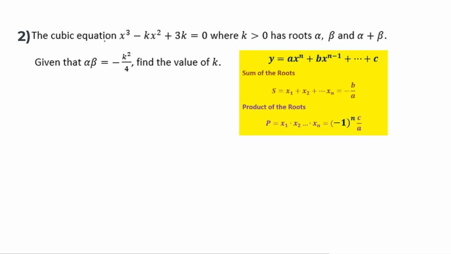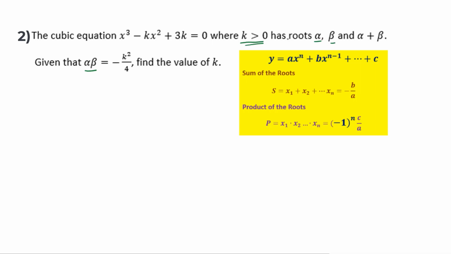The cubic equation x to the third power minus kx squared plus 3k equals 0, where k is greater than 0, has roots alpha, beta, and alpha plus beta. Given that alpha times beta equals negative k squared over 4, find the value of k.